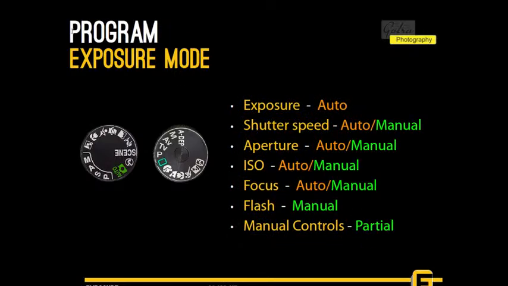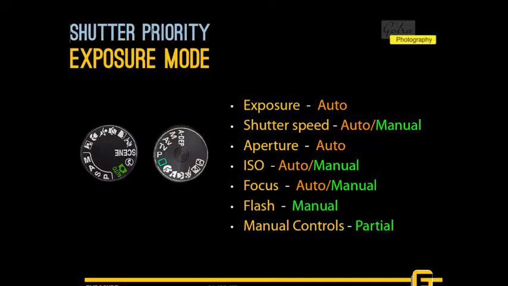But if we use programming mode, which means you can program by yourself, exposure will be auto, shutter speed can be auto or manual, up to you. Aperture can be auto or manual, ISO can be auto or manual, focus can be auto or manual, up to you. Flash will be manual. Manual controls will be partially manual, partially automatic.